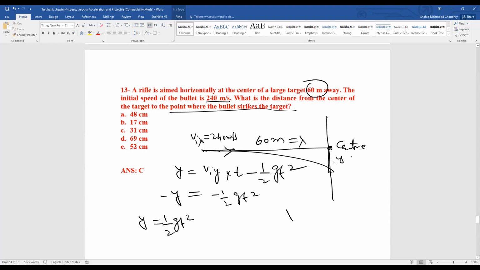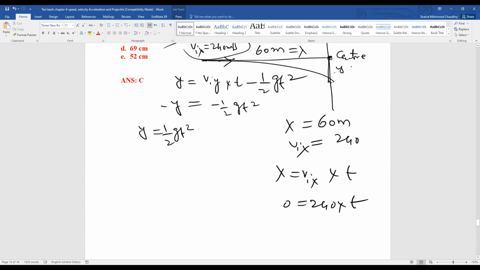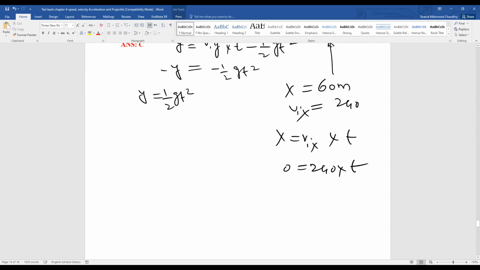To find the time, the X value is 60 meter. Okay. And Vix is what? This is your Vix, 240. Okay. And find the time. So X is equal to Vix into t. This is 60, Vix is 240 into t. So when you solve for the time, time is equal to 60 over 240.